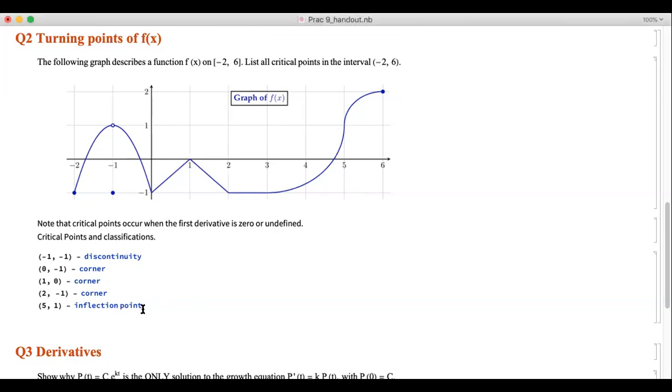There are others, many more. Can you figure it out? Three, one.